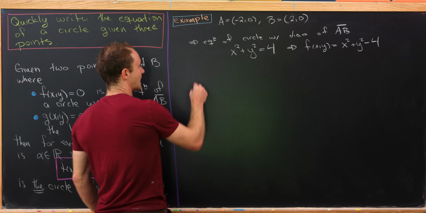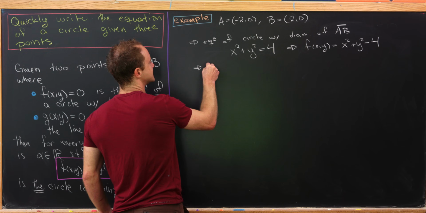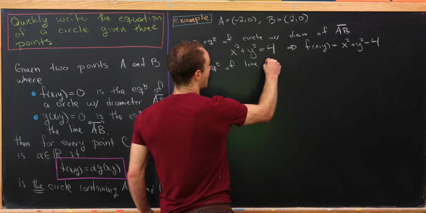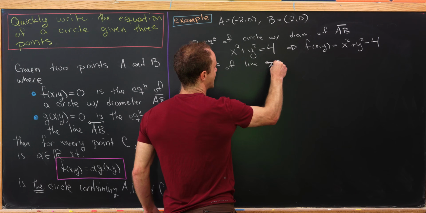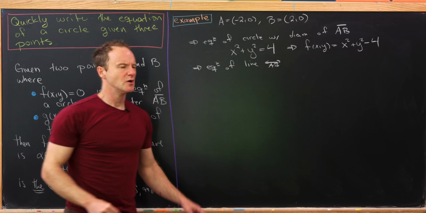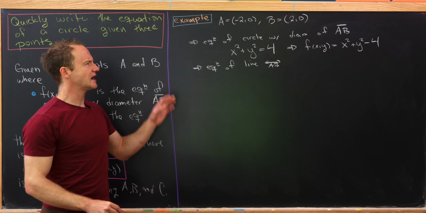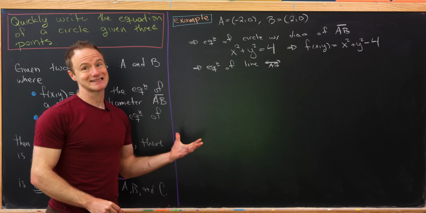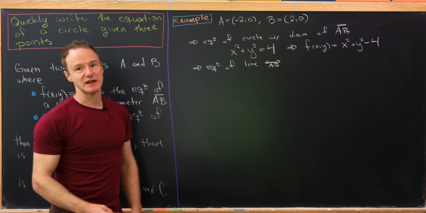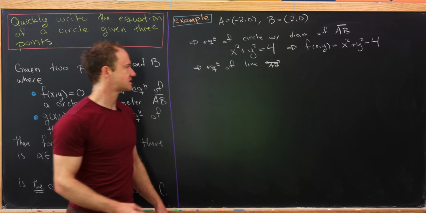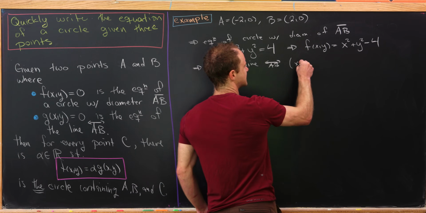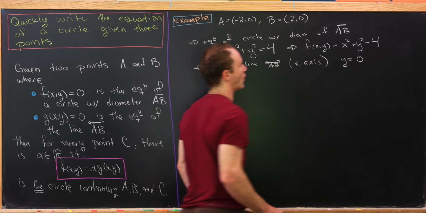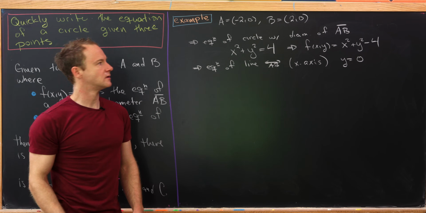Okay, and now let's see what is the equation of the line given by AB. Well, notice that the line between A and B is simply the x-axis. That's because A and B are both on the x-axis. The x-axis has an equation of y equals 0.